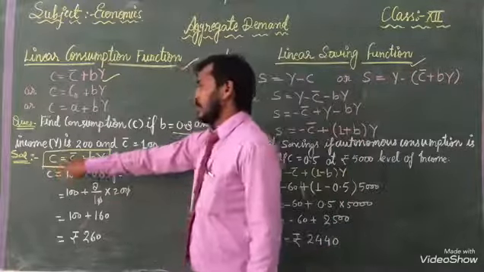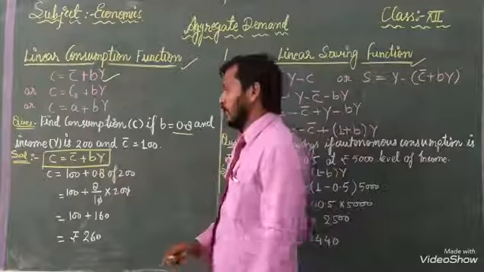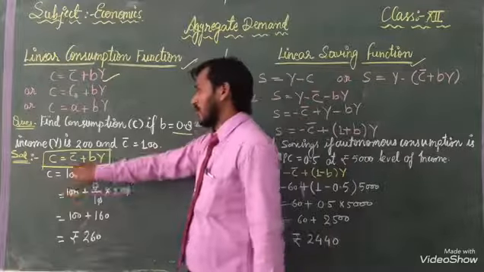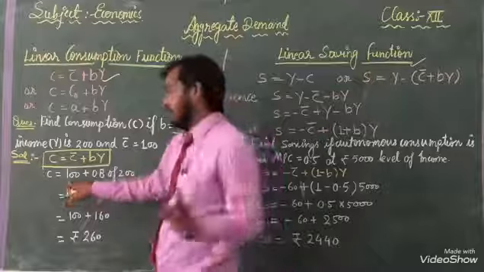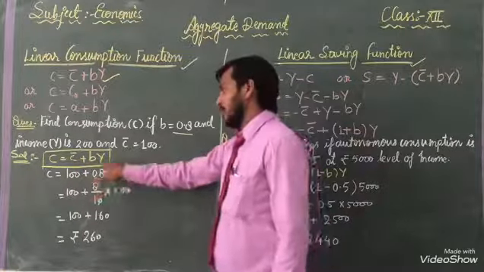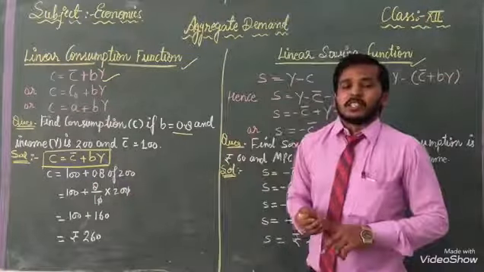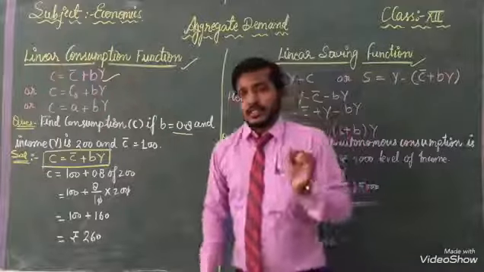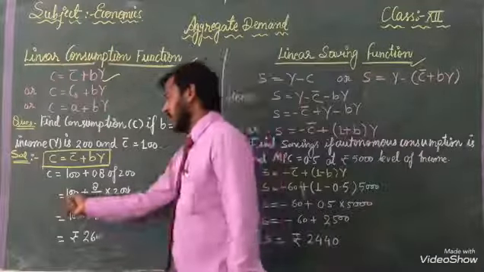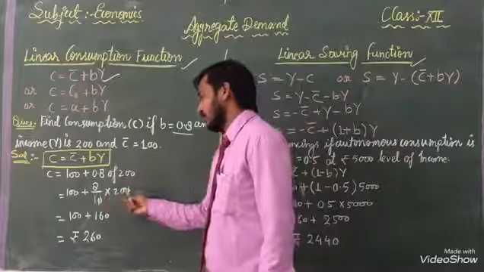The formula is C equals C bar plus B y. Now we put the value of C bar, which is 100, then B is 0.8, and y is 200. Each of these should be given in the question. After that, 100 plus 8 by 10 into 200.